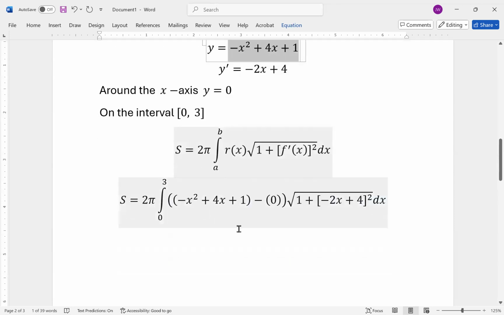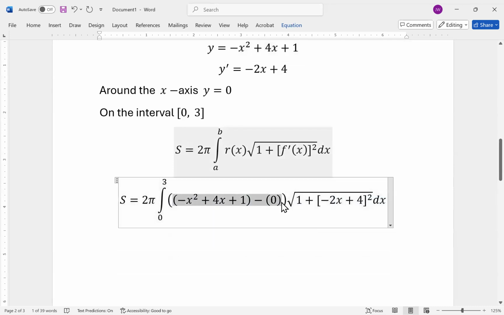The one thing you do have to do, though, is make sure that this radius is all in parentheses before you multiply by the square root. Because if you don't write it in parentheses, then the square root will only be multiplied by the last number in this expression. So it would only be multiplied by 1 if you forgot the parentheses. You want the entire radius to be multiplied times the entire square root.